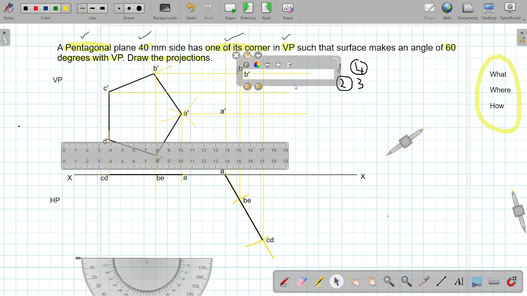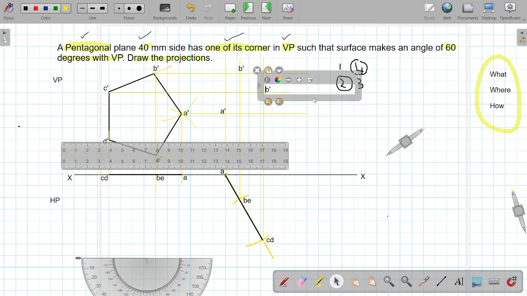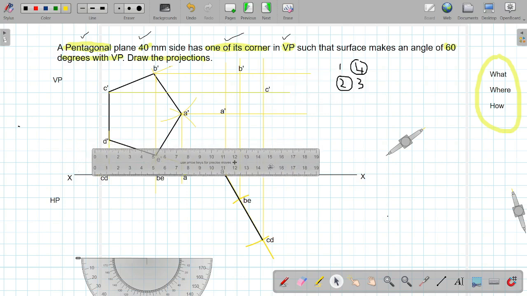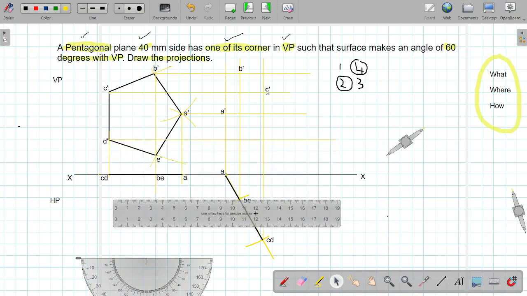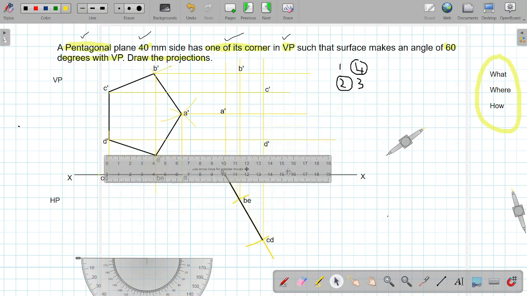Naming C dash. Then projector from D. Naming it as D dash, the intersection of both the projectors from D, and then finally from E.